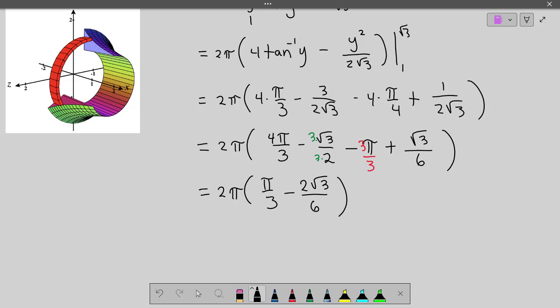So root 3 minus 3 root 3 is minus 2, so one more step. I guess those have a common denominator.